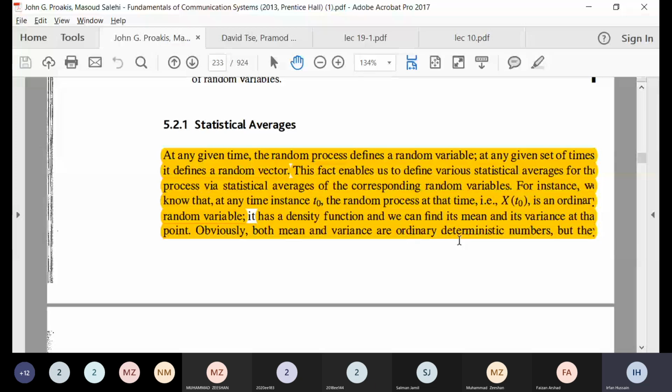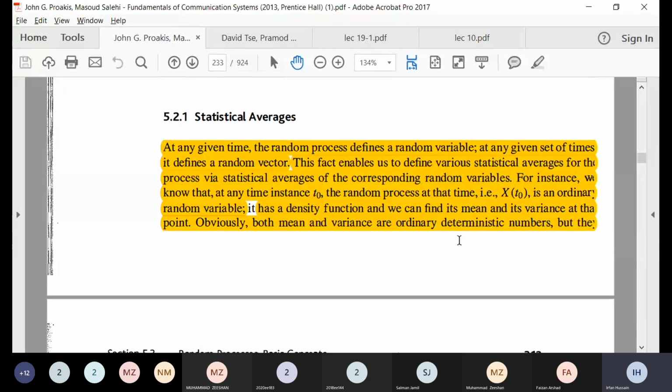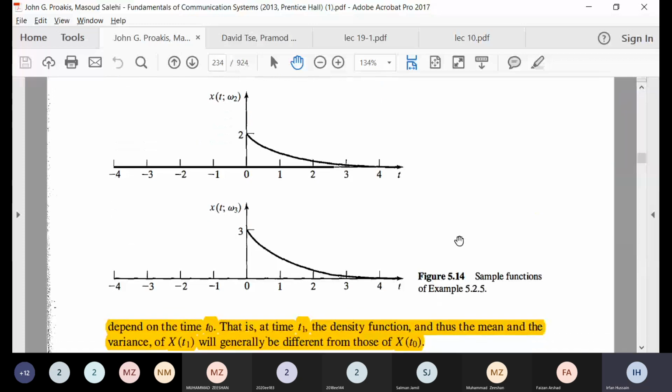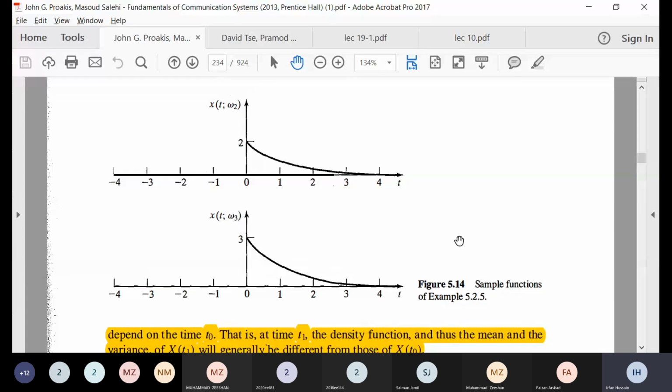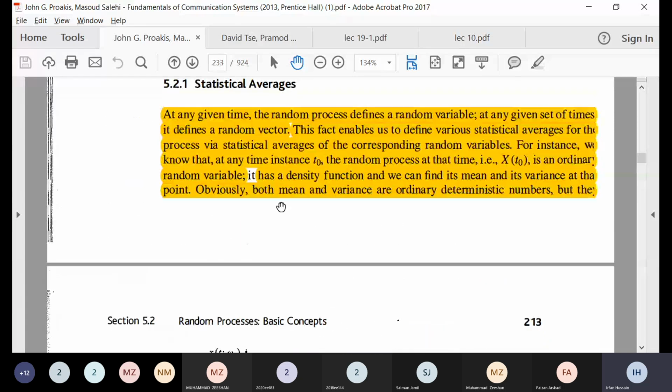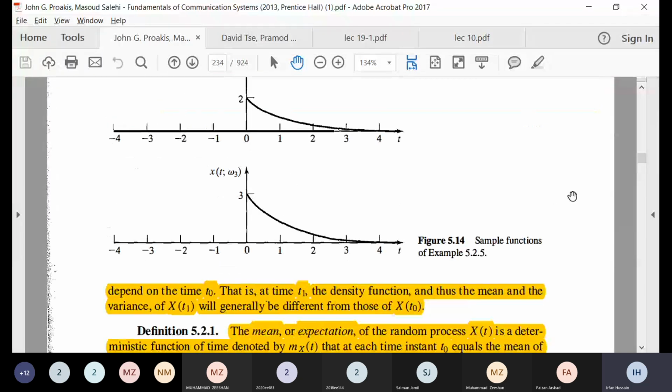And we know mean and variance are just numbers, representing the mean and variance, but they are still numbers. But now the difference here is that these are numbers, but they will be representing the statistics.